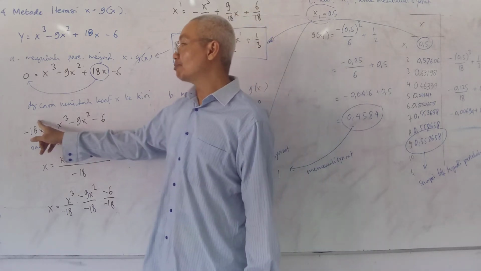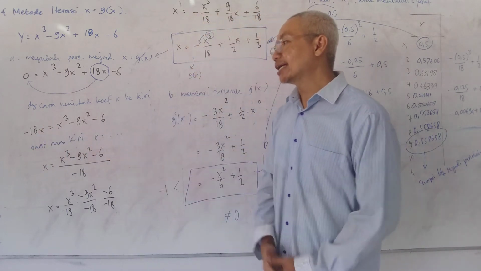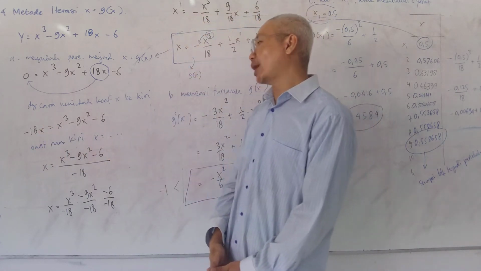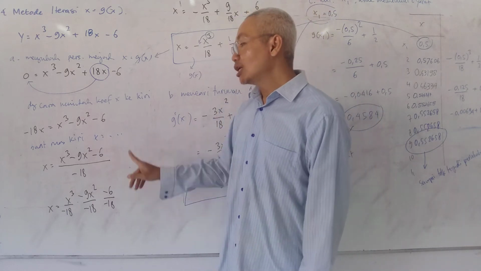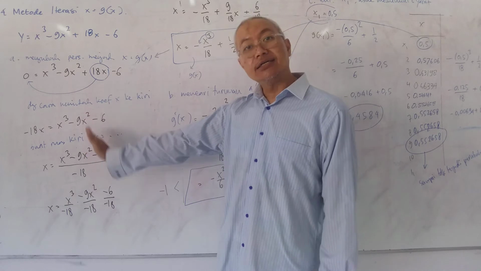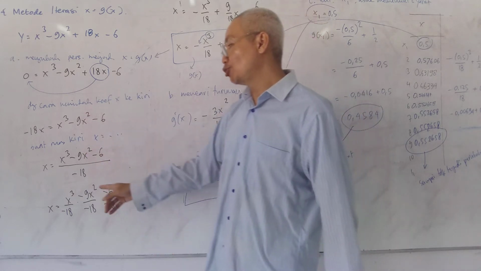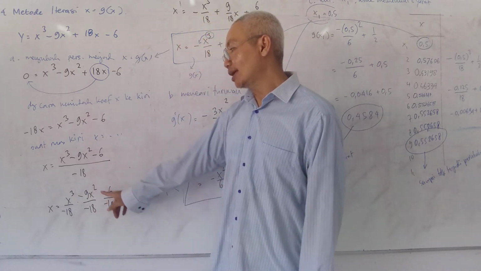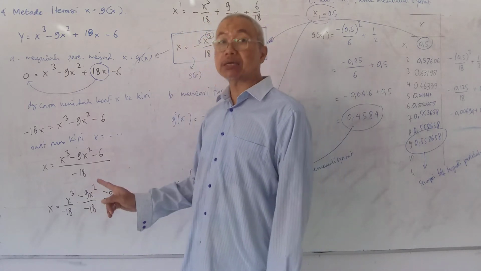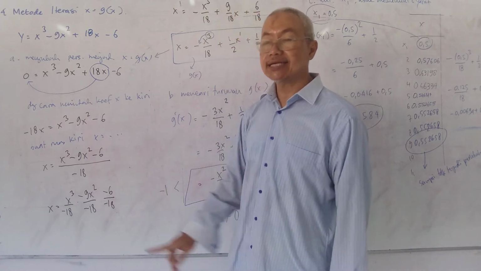We divide it by the coefficient of x itself. So it becomes something like this: x cubed minus 9x squared minus 6, divided by minus 18. Or I can divide them one by one: x cubed per minus 18, and then minus 9x squared per minus 18, and minus 6 per minus 18.